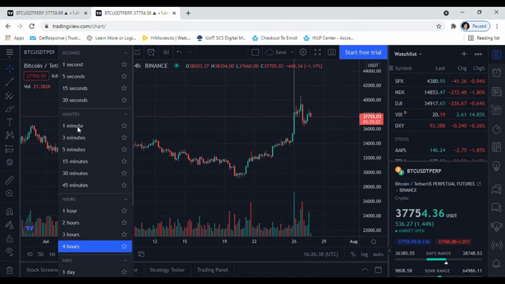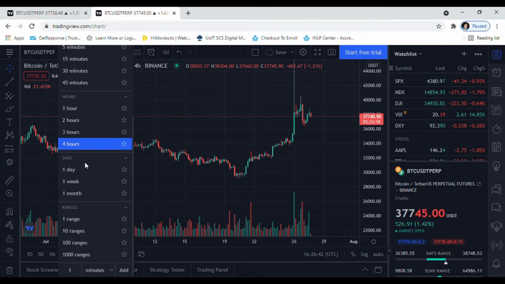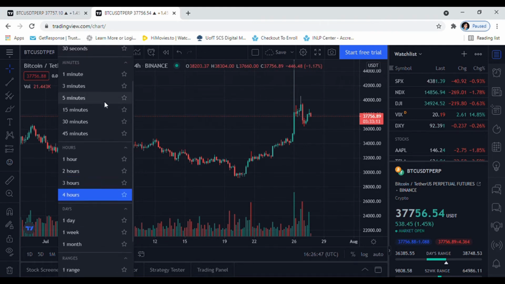There are different time frames, as you can see, and these different time frames are telling you the direction that the market is going. When you are trading, always before you start your trade, when you come to this chart on Tradingview, you want to start by looking at the longer time frames.